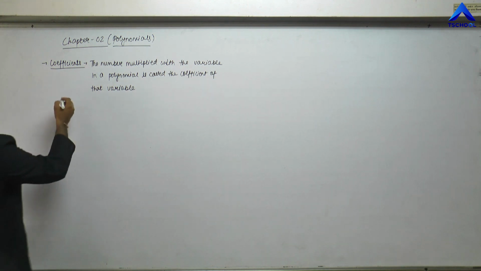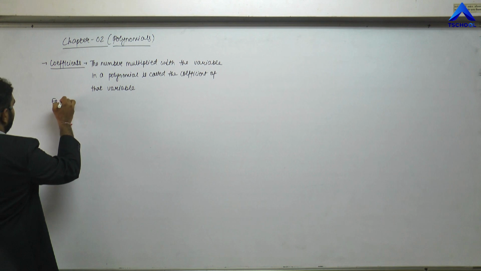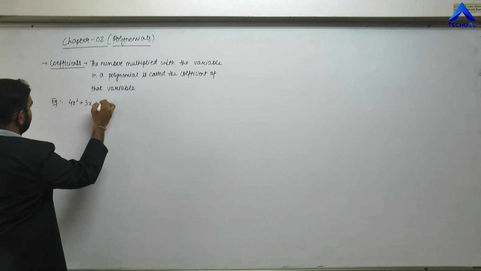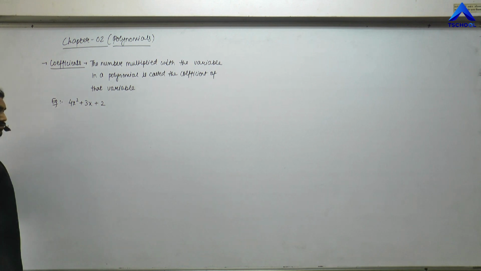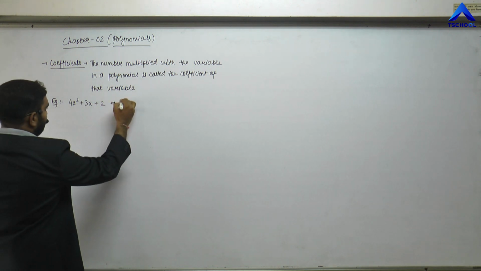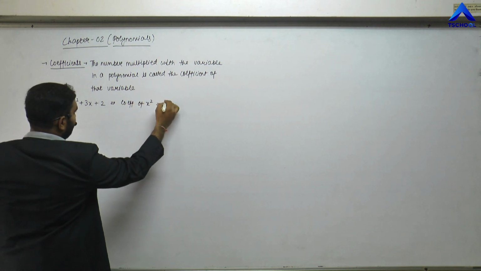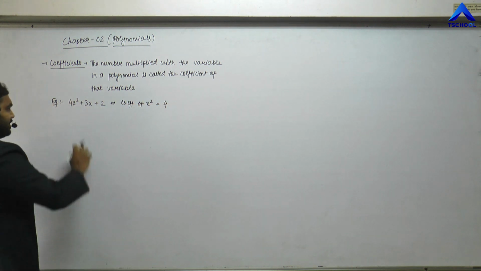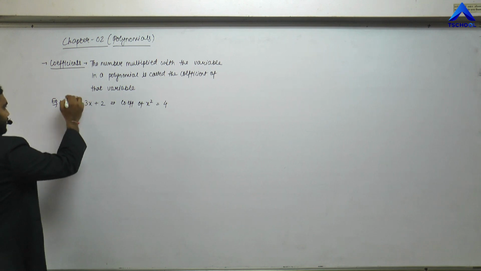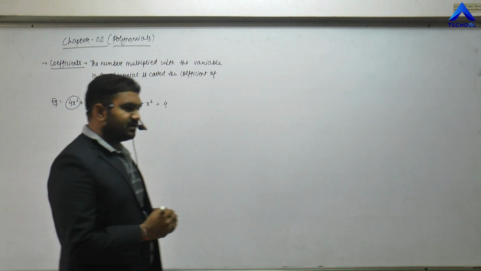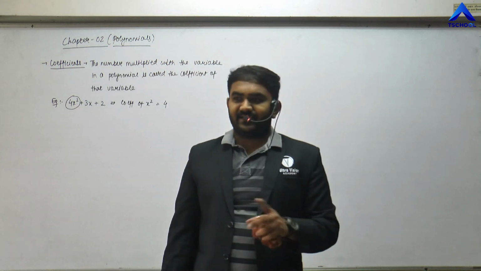For example, if I have 4x square plus 3x plus 2. So in this example, the coefficient of x square is 4, because see friends, in the term 4x square, the number multiplied with the variable x, but here the variable is not only x, the variable present here is x square.